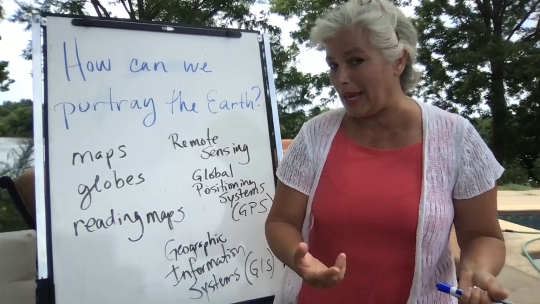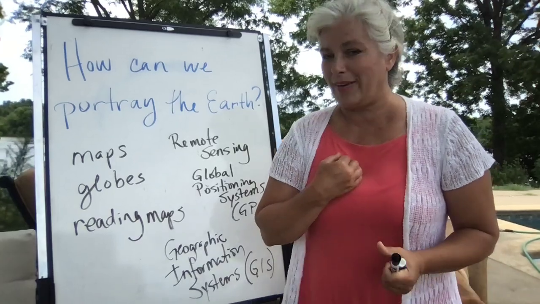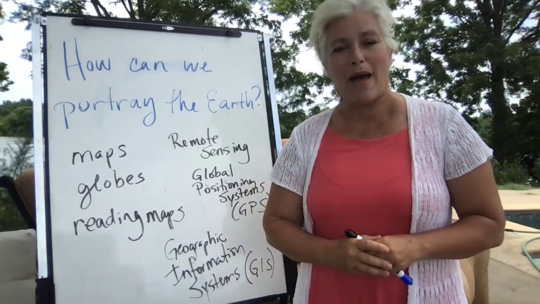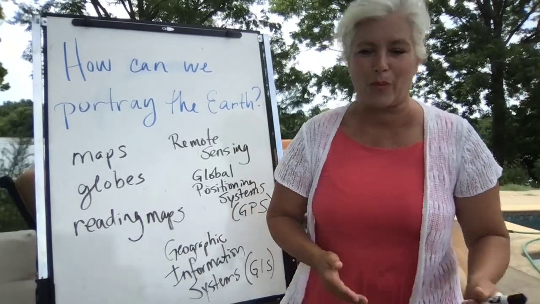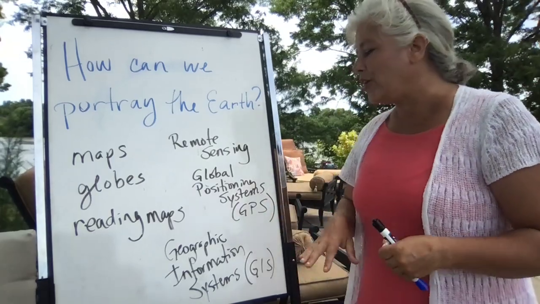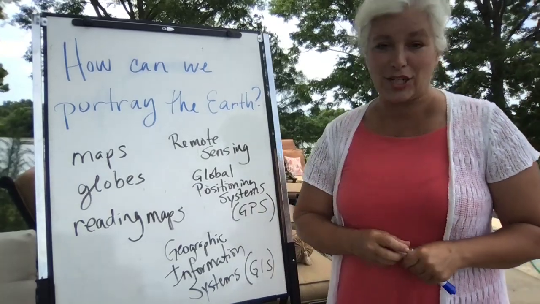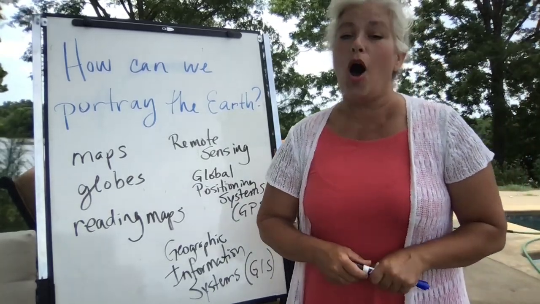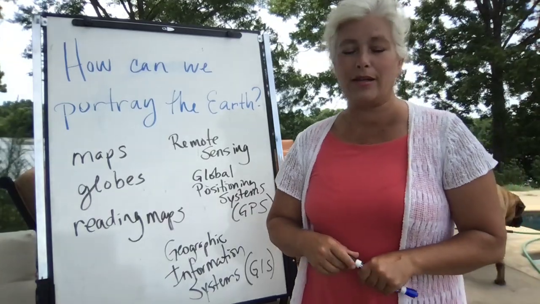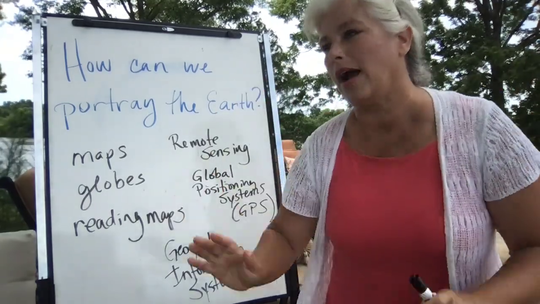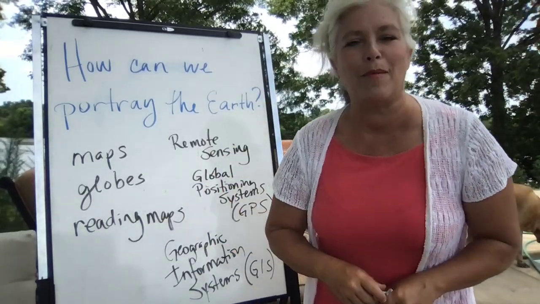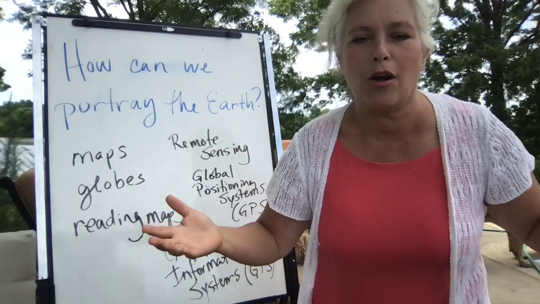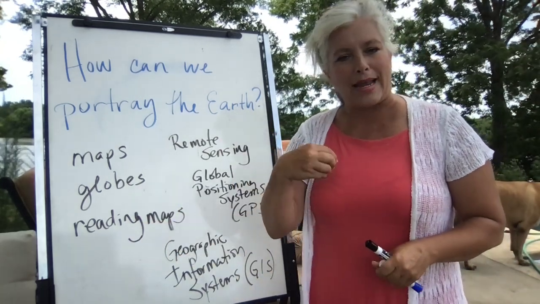And if you are like me, even though I love geography and I love to understand maps and directions, north, south, east, and west, I use my GPS, or global positioning system, on my iPhone a whole lot. I'll ask Siri, where is the nearest whatever. I used Taco Bell as an example in one of my last videos. So where's the nearest Taco Bell to where I am right now?